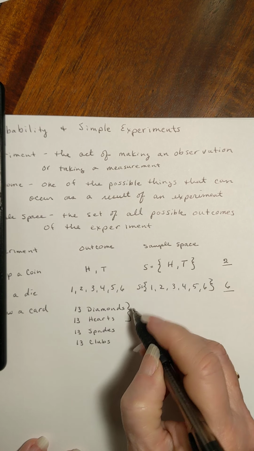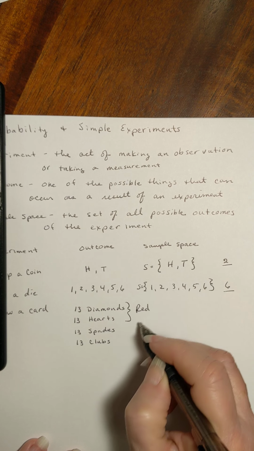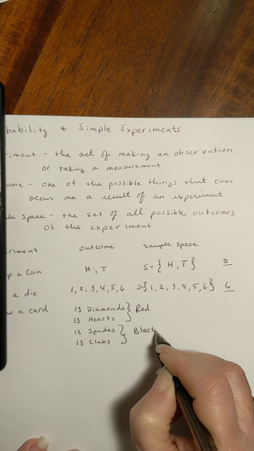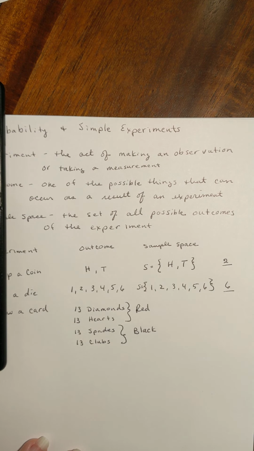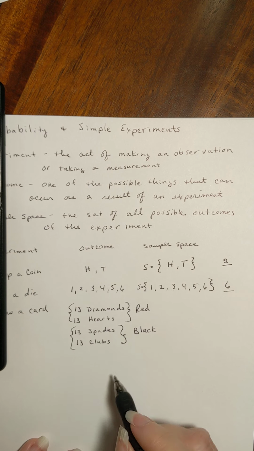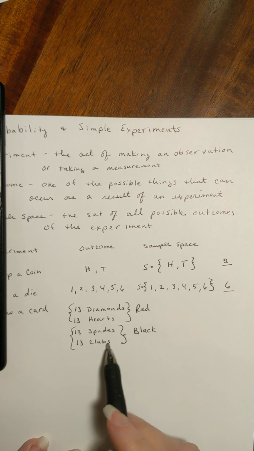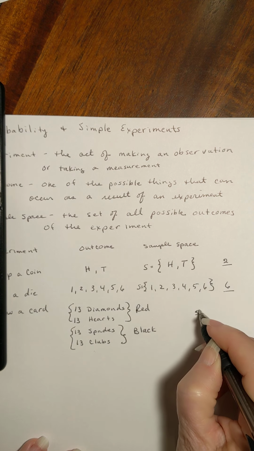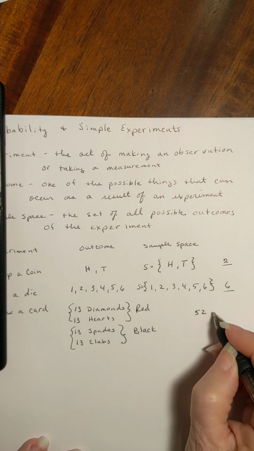Now these are the red cards, and these are the black cards. We're going to need to know that there are 26 red cards and 26 black cards, and altogether there are 52 different cards.